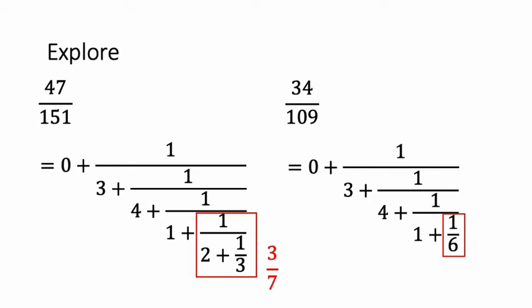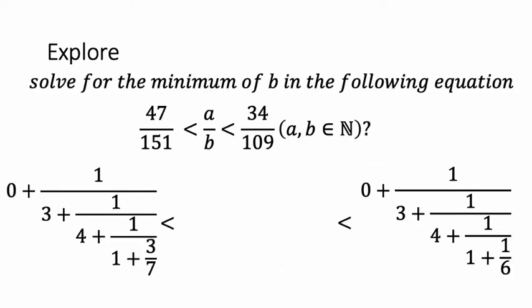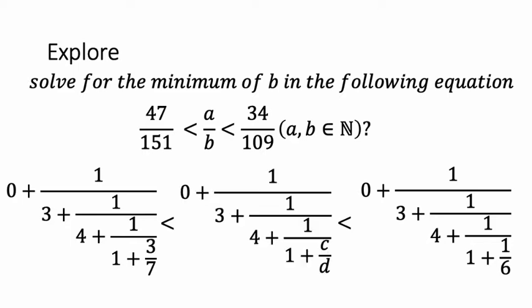So it seems like the problem asks for a fraction between these two. This means that a over b also needs to have 0 plus 1 all over 3 plus 1 all over 4 plus 1 over 1, while there's another fraction c over d that we did not know. Only this can make a over b between 34 over 109 and 47 over 151.